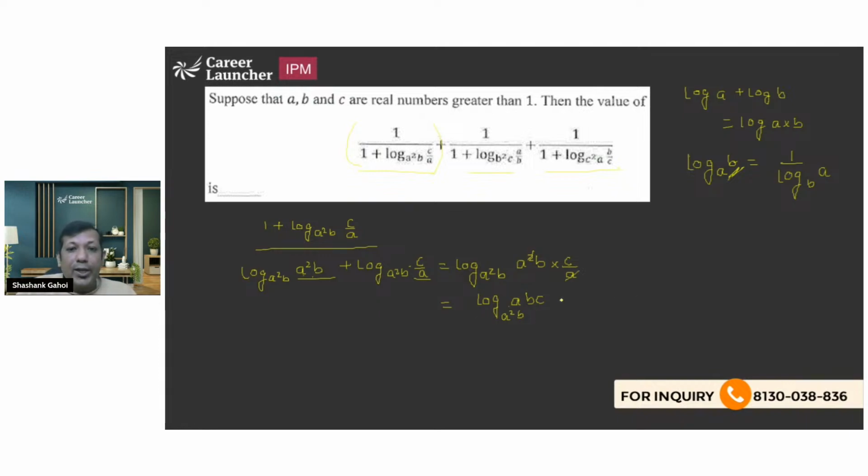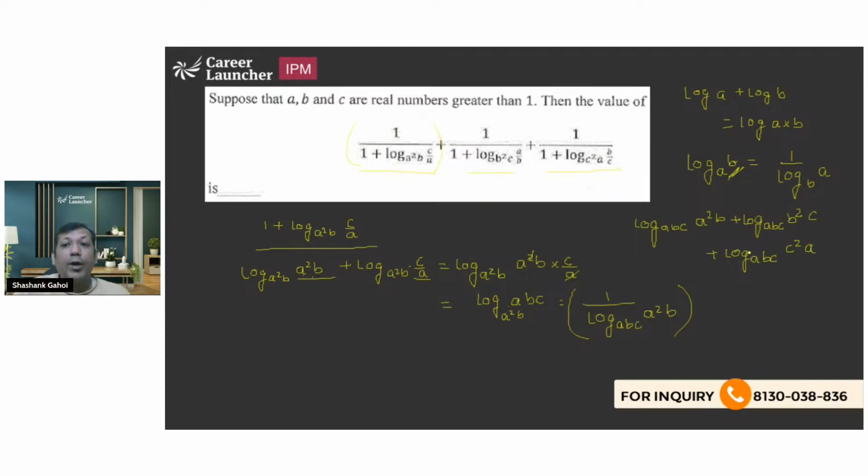So I can write it as 1 upon log of a square b, base abc. The first number is log of a square b base abc, the second is log of b square c base abc, and the third is log of c square a base abc.